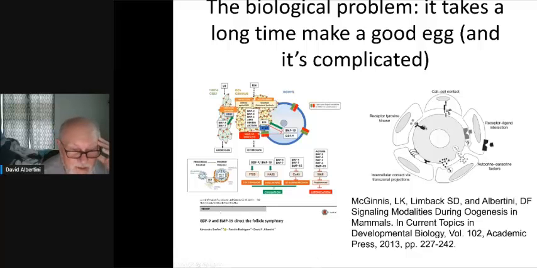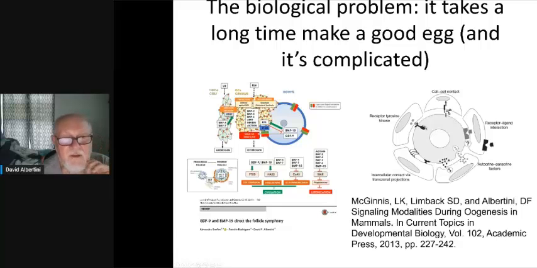So here's a breakdown from a review article we published some years ago of the just incredible communication network that exists between the oocyte, its cumulus cells, follicle cells, and even the theca.